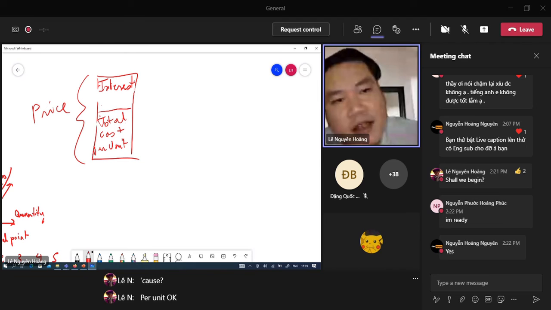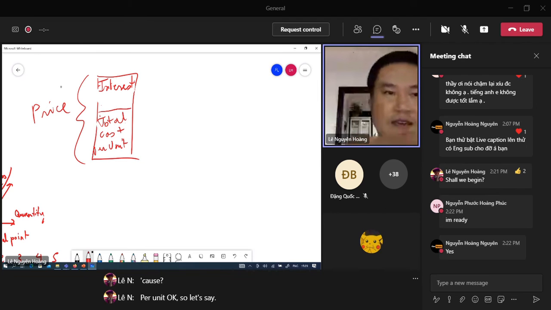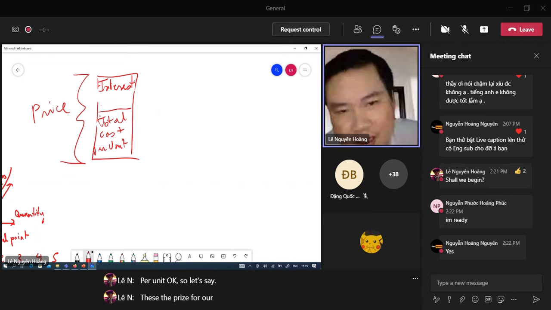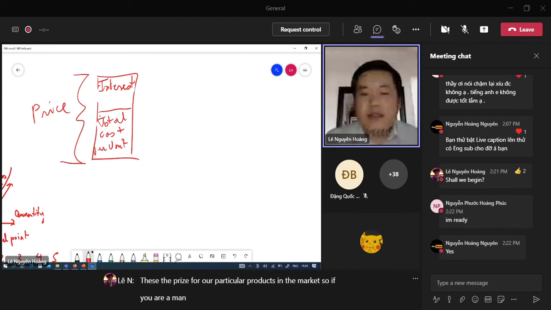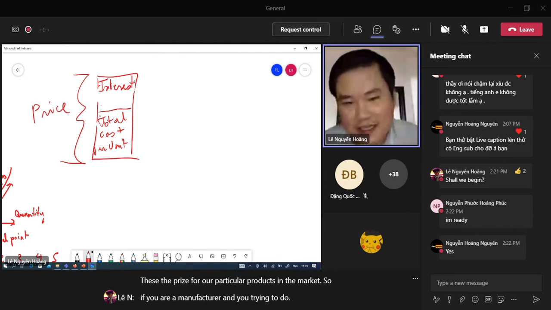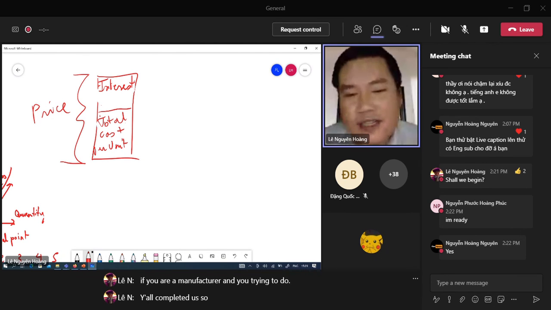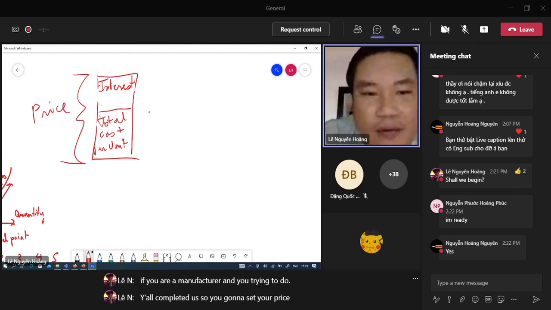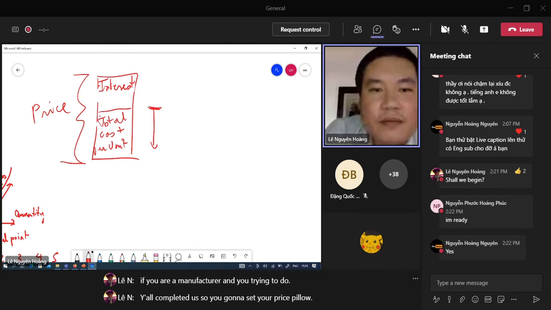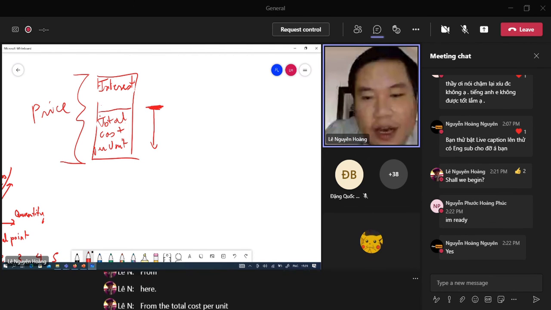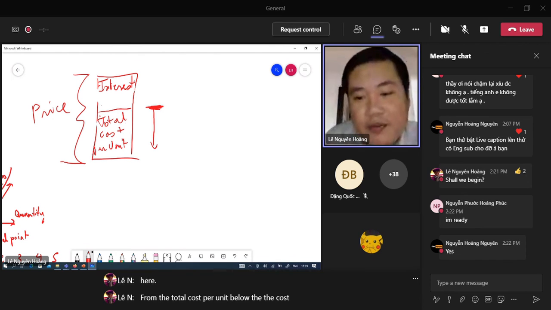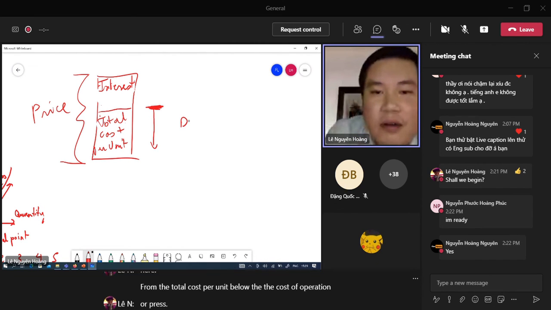Let's say this is the price for a particular product in the market. If you are a manufacturer trying to dump on your competitors, you're going to set your price below the total cost per unit, below the cost of producing the product. This is what we call dumping.